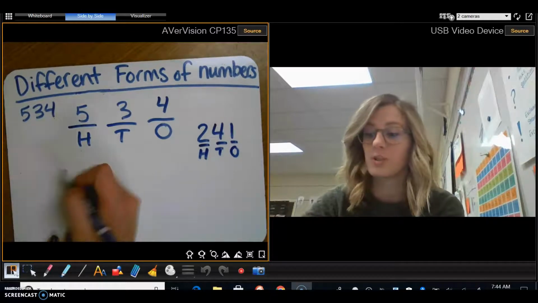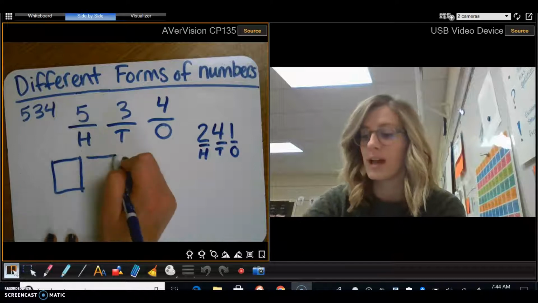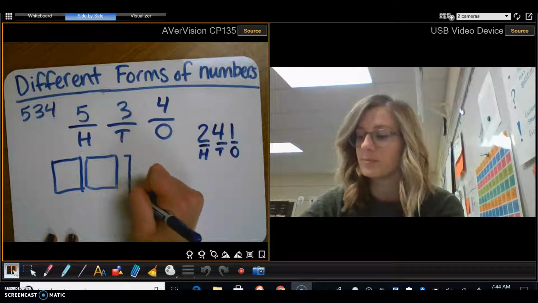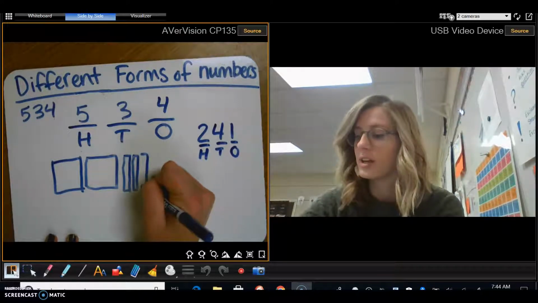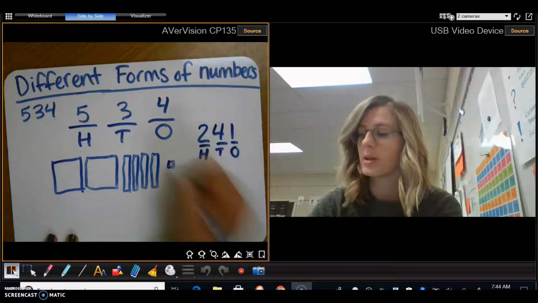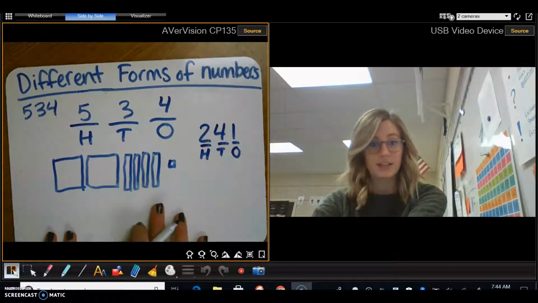I need to draw 2 hundreds, so I'm just going to draw my square hundreds blocks. I need to draw 4 tens, 1, 2, 3, 4, and I need to draw 1 ones cube. So this is what my number looks like with my base 10 blocks, okay?